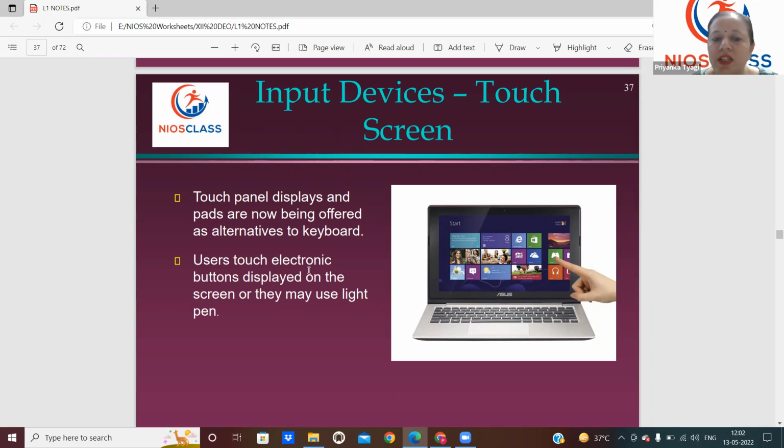The user touches electronic buttons displayed on the screen. As you can see, I am fixing a picture here. This is a laptop picture, and the screen is a touch screen. By finger touch we can open so many kinds of things here.